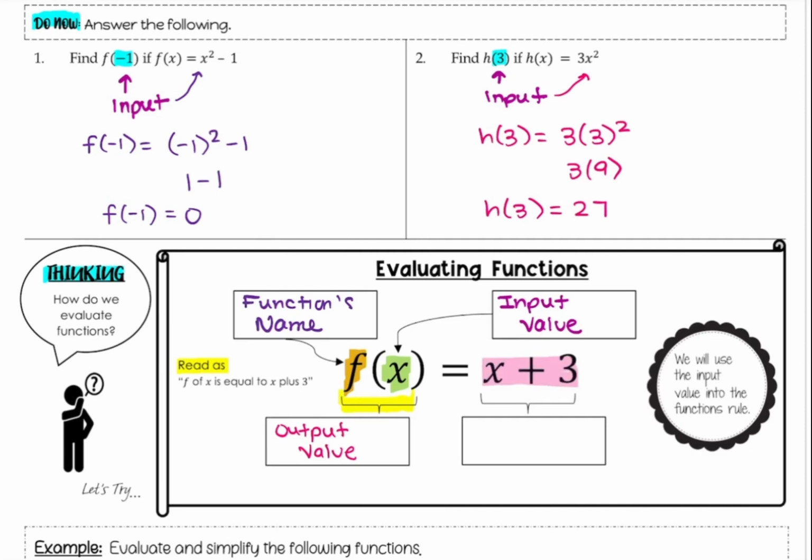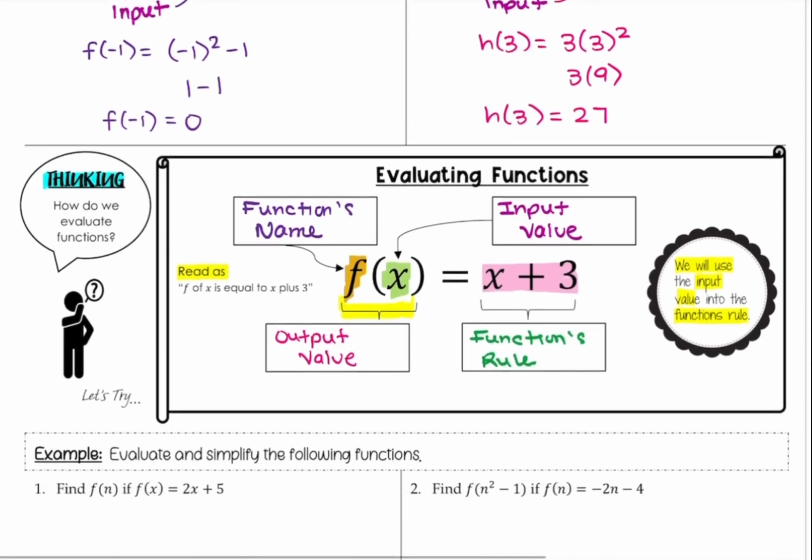This is the function's rule. This is where we input the given input, do our operations, and then get some sort of output value. We will use the input value in the function's rule, and what does that do? That just gives us our final output value.